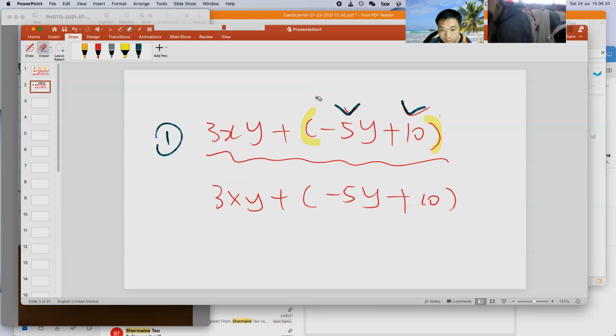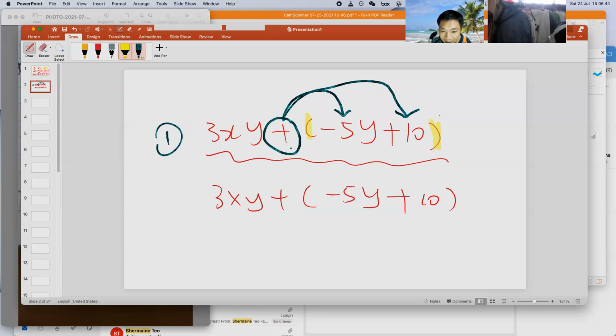Okay, my question is, now you have a bracket. Now your job is to open the bracket, right? Yeah. So when you open the bracket, do you do this first arrow, second arrow?